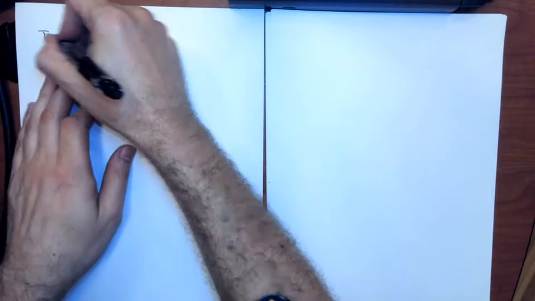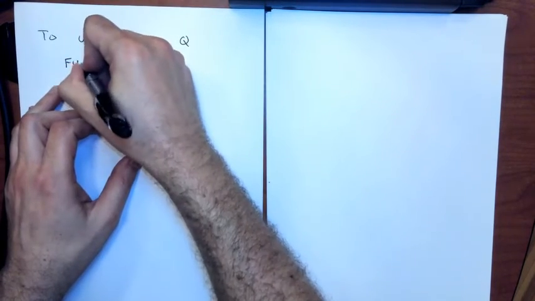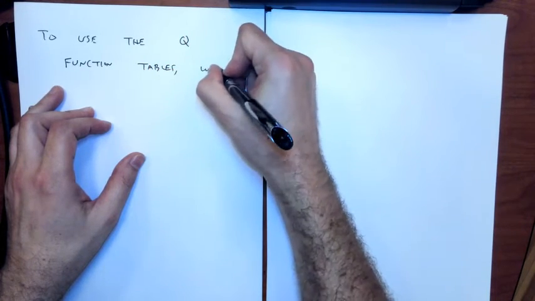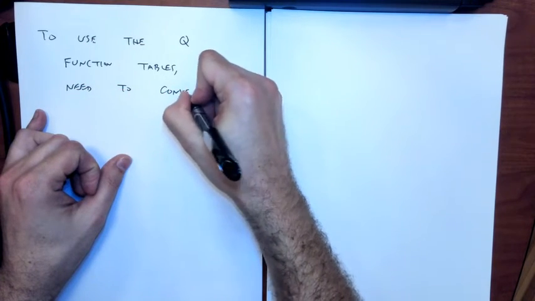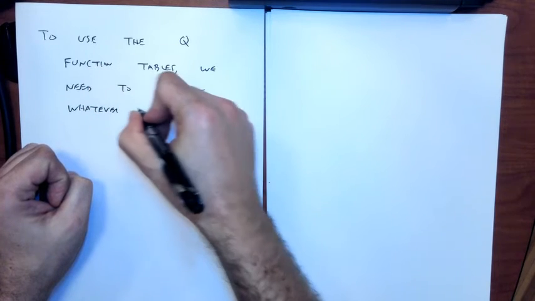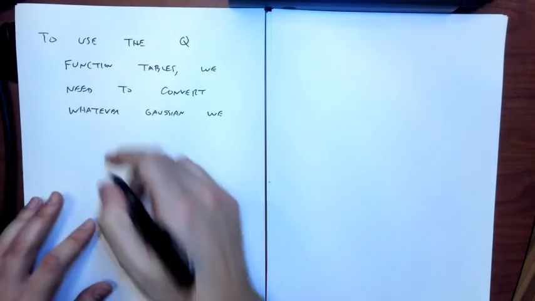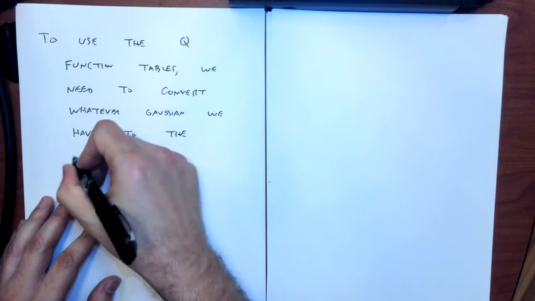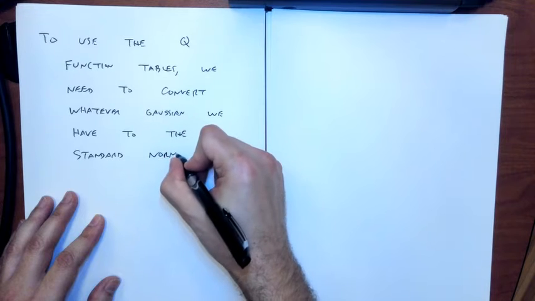So to use these Q function tables, we need to convert whatever Gaussian we have to this standard normal, meaning mu equals 0, sigma equals 1.